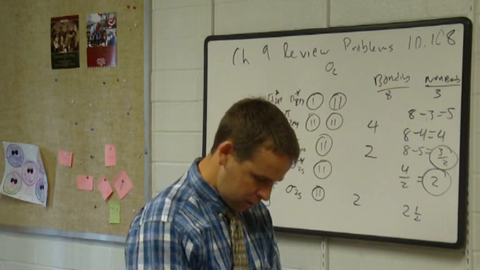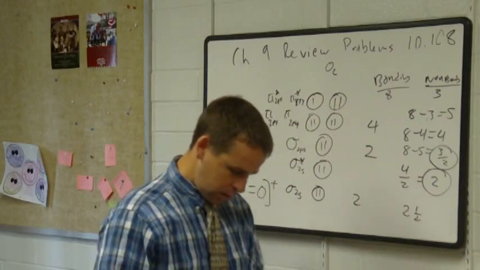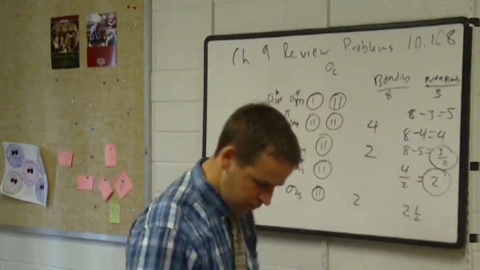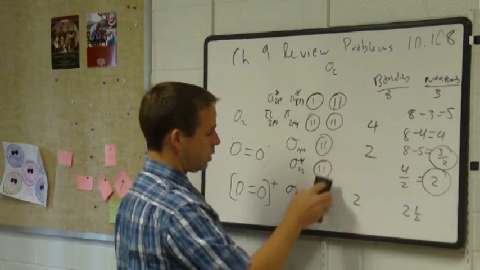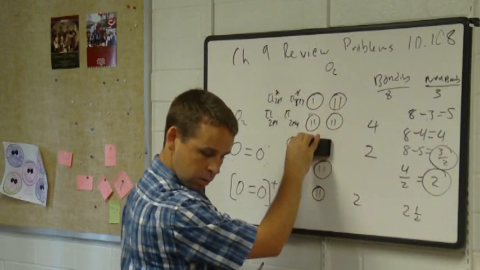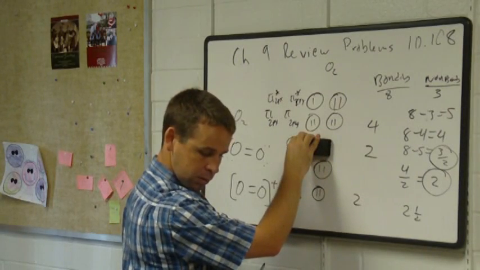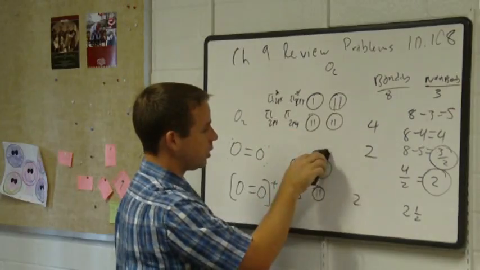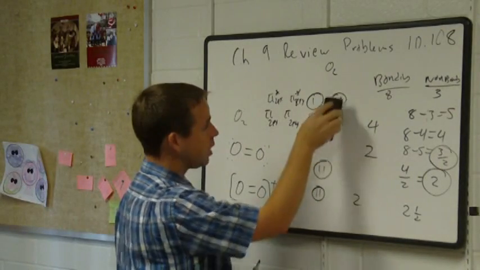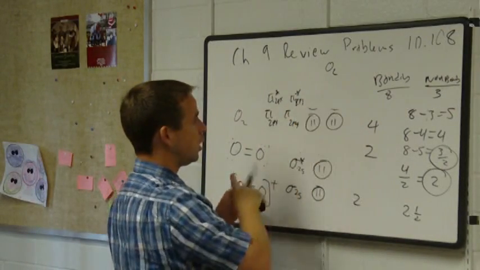N2 and N2 plus. Now we look at N2 and see it's a different configuration, right? We have these 2 here, but then the p orbital is filled next, followed by a sigma, and then another p.